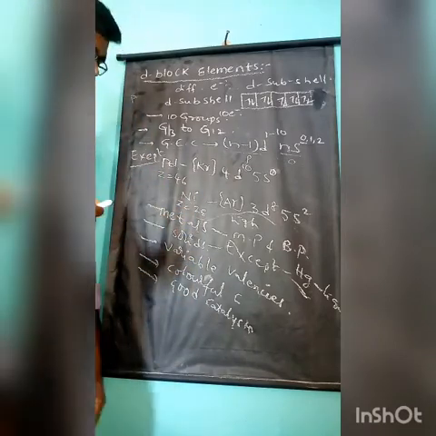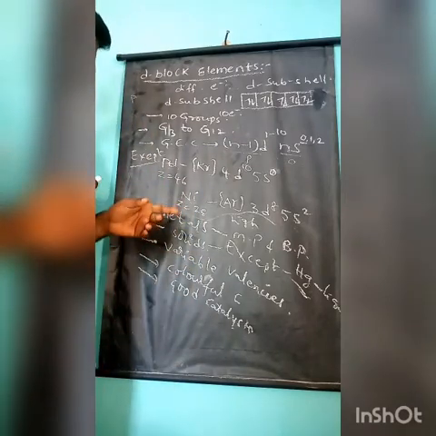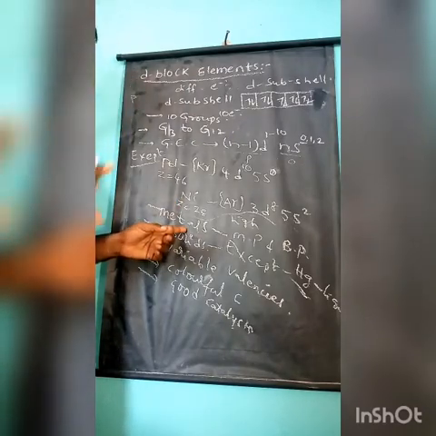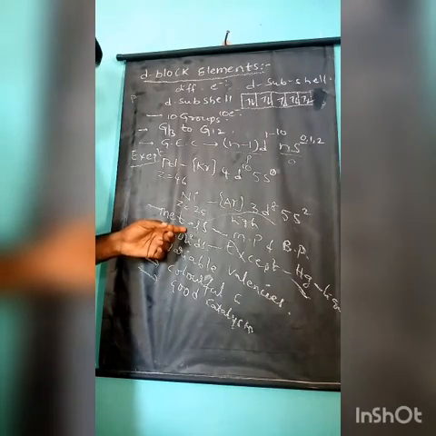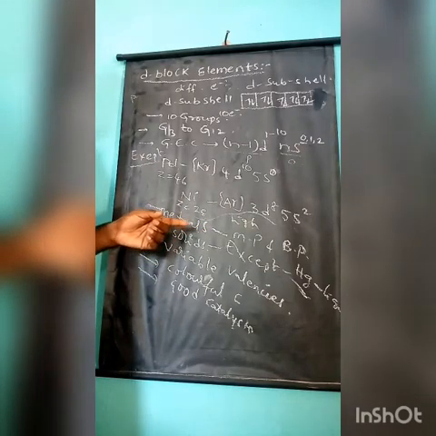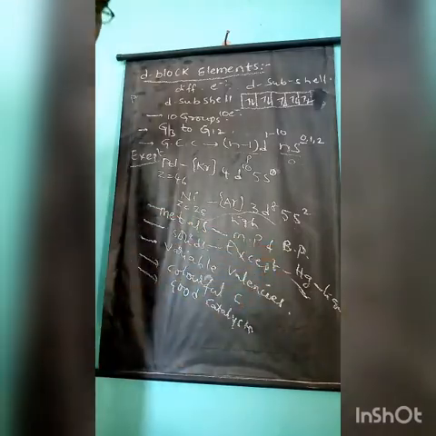Next point, D block elements are metals with high melting and boiling points.